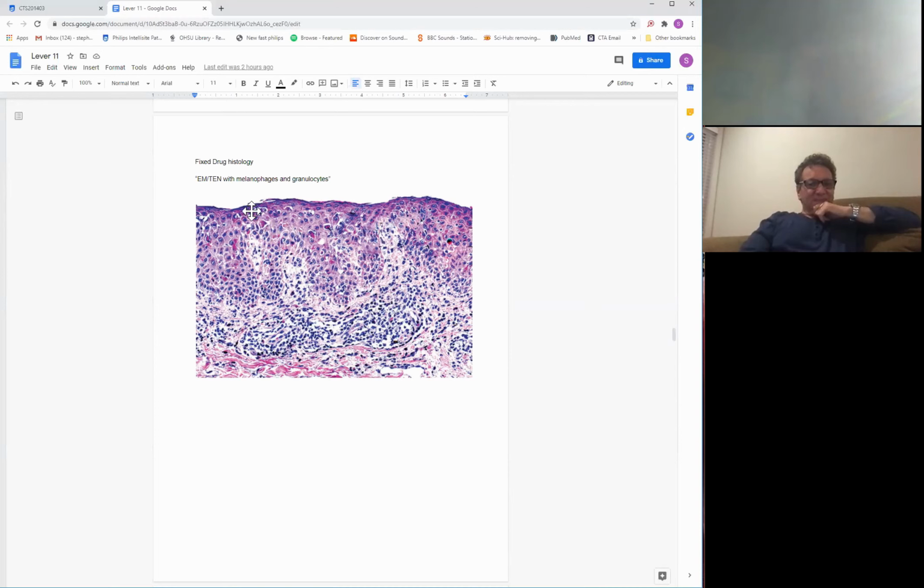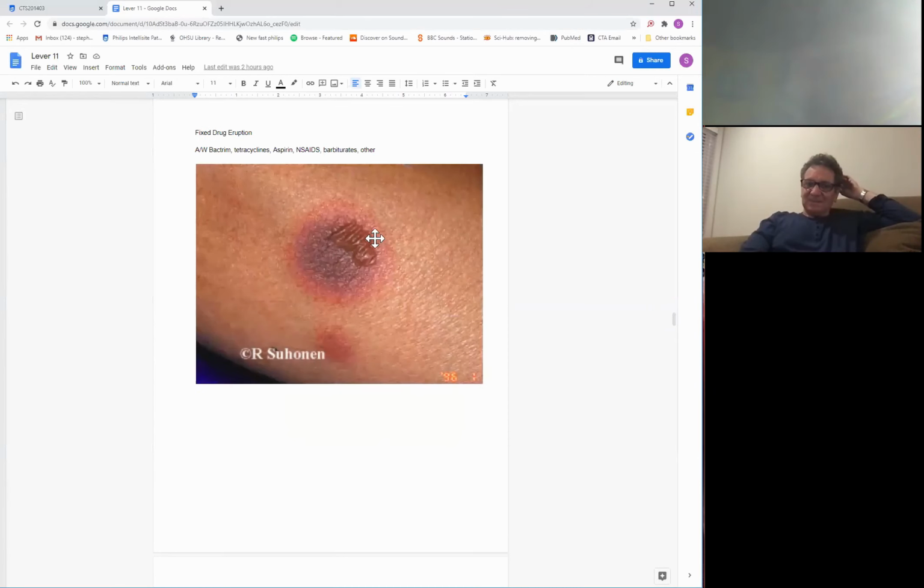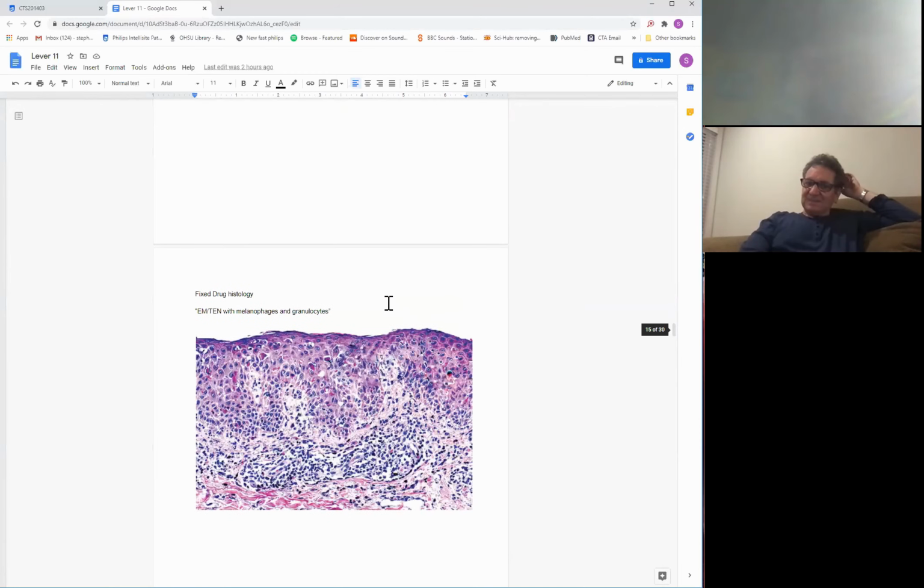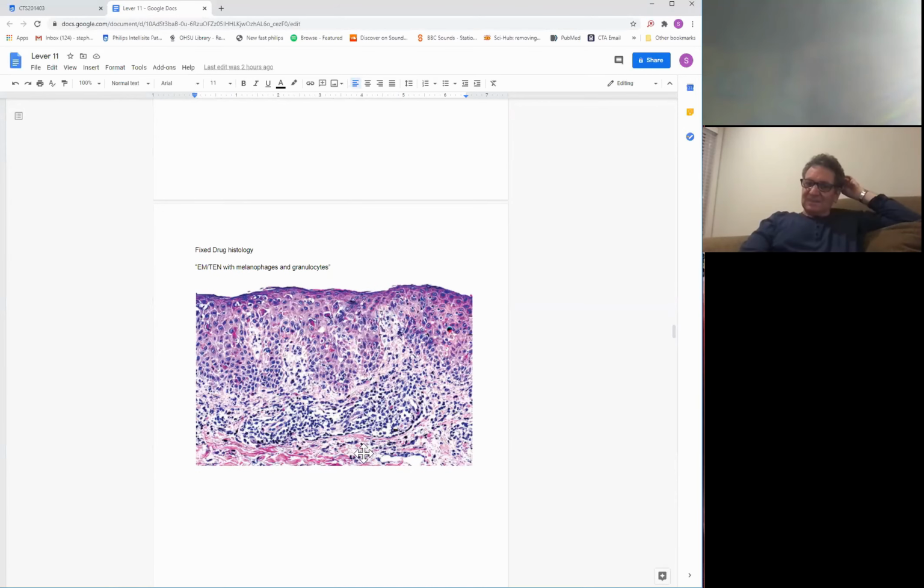Here the stratum corneum is missing for some reason. But tons and tons of apoptotic keratinocytes to the point where you could see this whole epidermis necrosing and separating, which is what's happening in this part of the clinical picture. And a lymphocytic infiltrate, which abuts the epidermis, extends up into the epidermis.